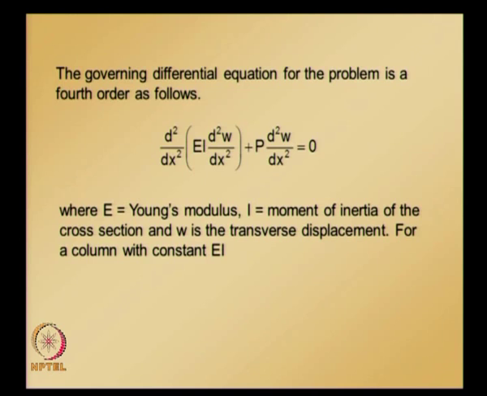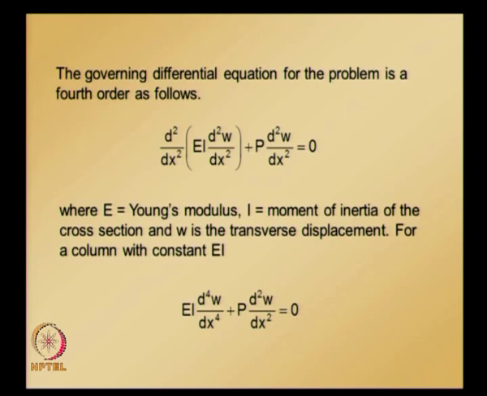For a column with constant EI, the previous equation can be written in this manner, because EI is constant, we can take it out of the integral and we get this equation. This is the governing differential equation which needs to be satisfied over the entire length of the column, that is x going from 0 to L.